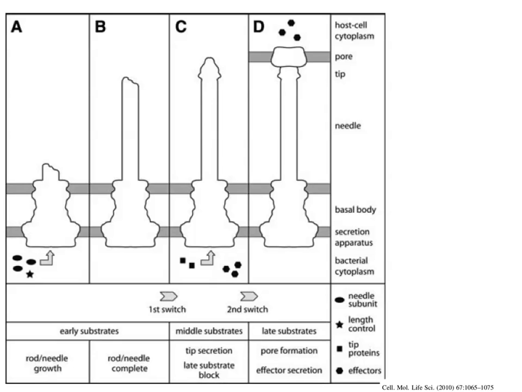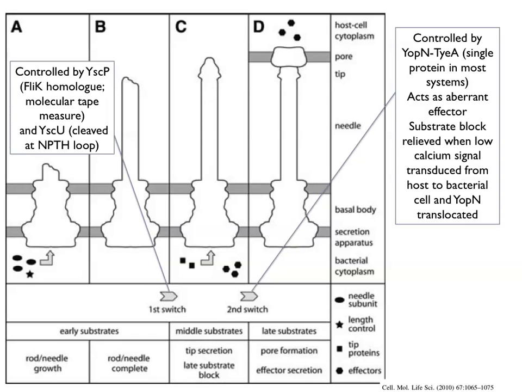And there's a switch in the specificity of the secretion system for particular proteins to go through it that takes place between the early and the middle substrates and between the middle and the late substrates. Again, I could go into enormous detail about this, but I suspect that would not be appropriate here.